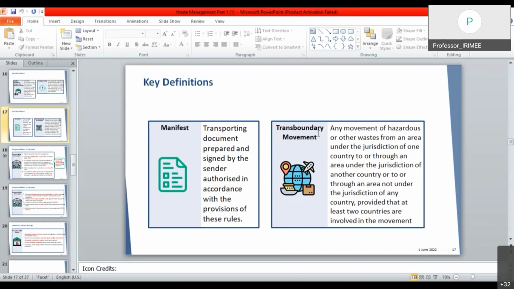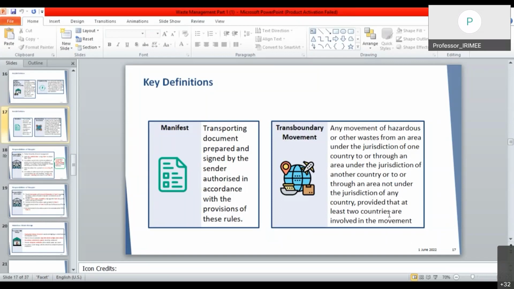And transboundary movement is any movement of hazardous or other waste from an area under the jurisdiction of one country to or through an area under the jurisdiction of another country, or through an area not under the jurisdiction of any country, provided that at least two countries are involved in the movement.